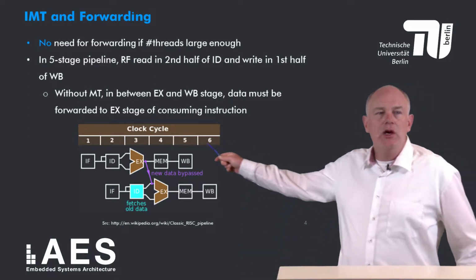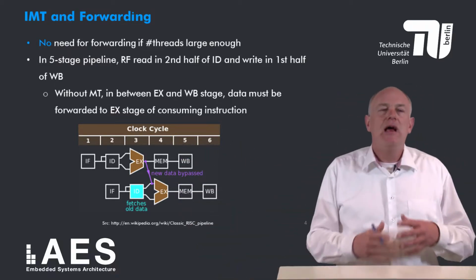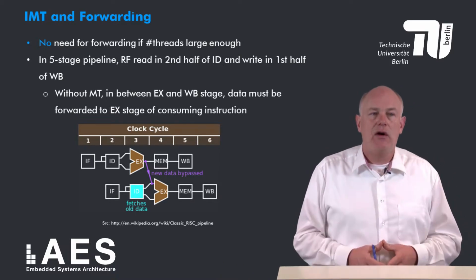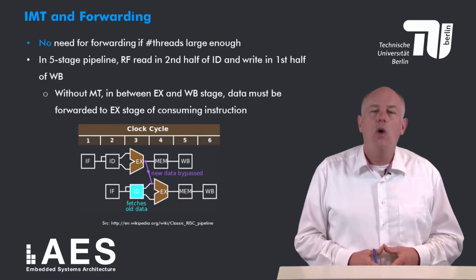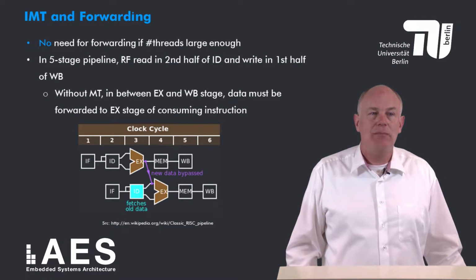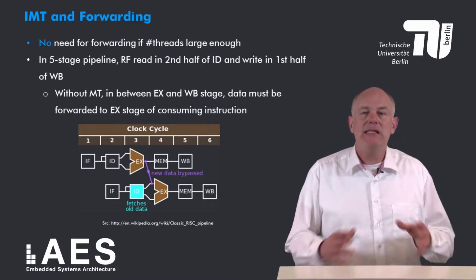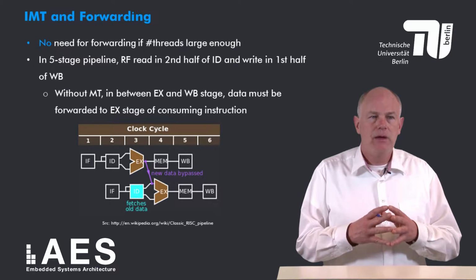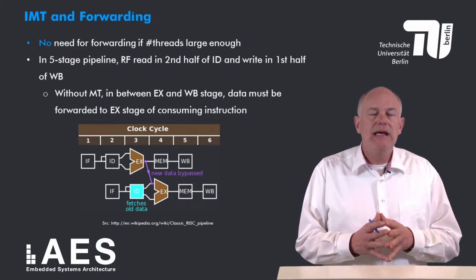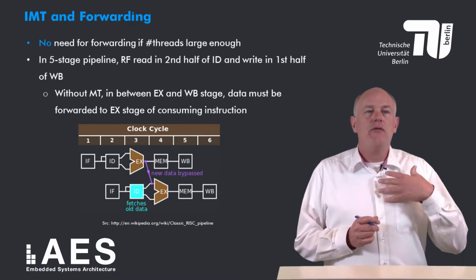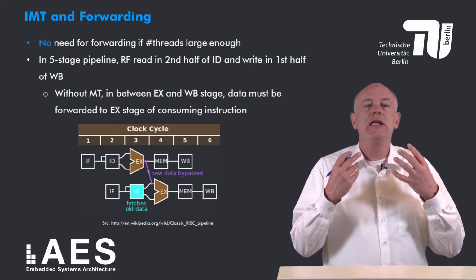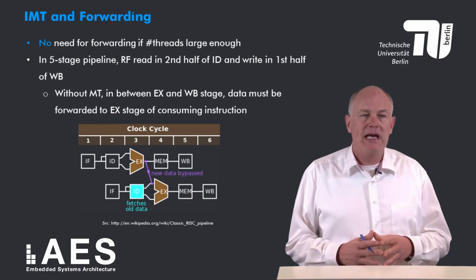We assumed in the canonical 5-stage pipeline that the register file read takes place in the second half of the instruction decode stage, while the register file write takes place in the first half of the write back stage. That means that without multithreading, in between the execute and the write back stage, data must be forwarded to the execute stage of the dependent consuming instruction.